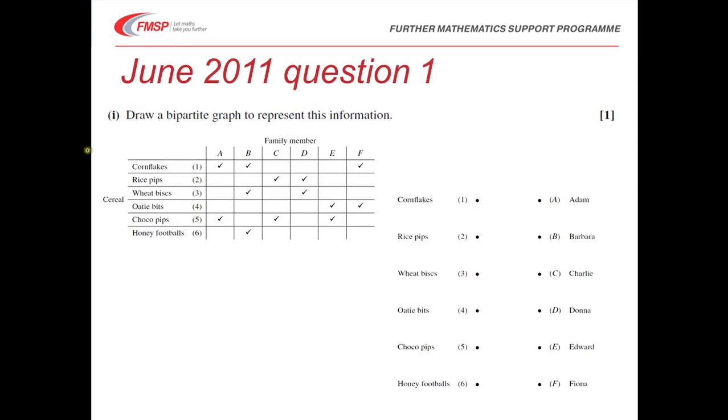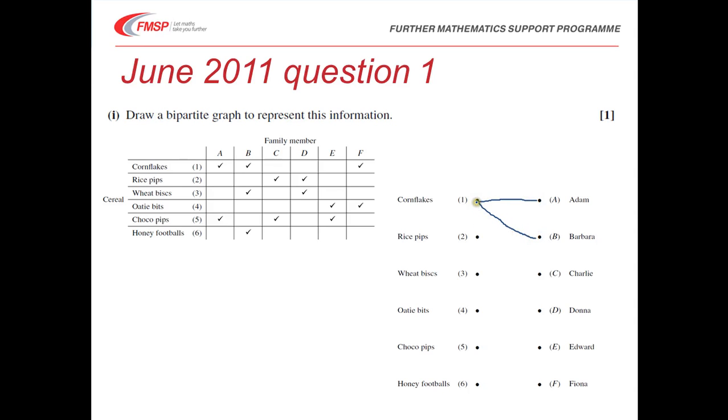The first thing you're asked in part 1 is to draw a bipartite graph. This is what will be given to you on your answer sheet and on the inserts. You will have a diagram like that, and it's just a matter of going through each one. For example, cornflakes could be for Adam, or it could be for B, Barbara, and so on.